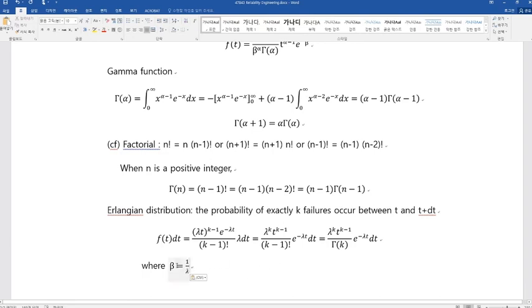That means lambda is the same as 1 over beta. Then this lambda is now moved, instead of being in the numerator, it is located in the denominator.